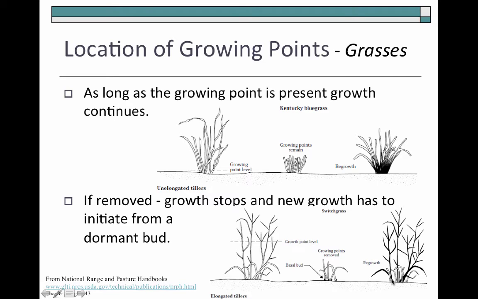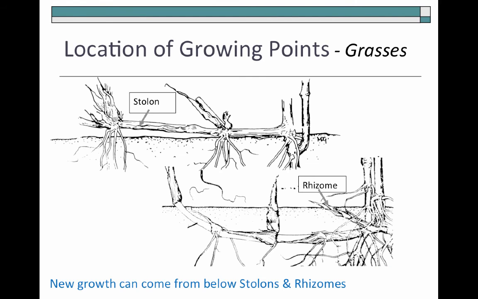So they have to actually develop brand new tillers that are going to be established as part of the bunch grass. So just keep that in mind as you're contemplating how heavily to graze pastures. It really depends on the type of grasses you have in those pastures and where their growth points are located at.